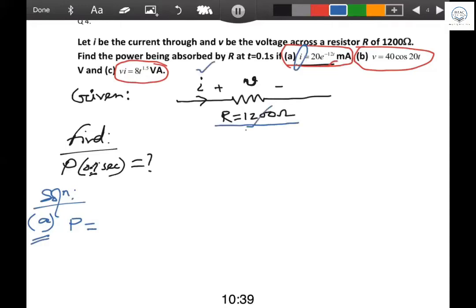These two things are given in A. So the equation for power in terms of I and R is I squared R. Good, one of your friends already told that this is I squared R.